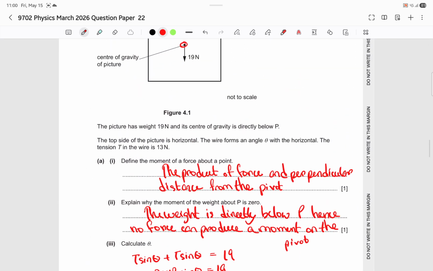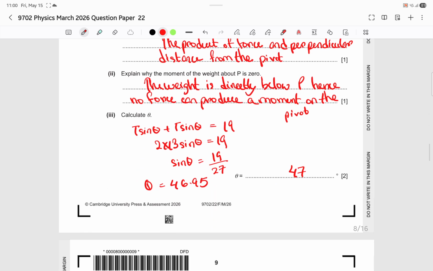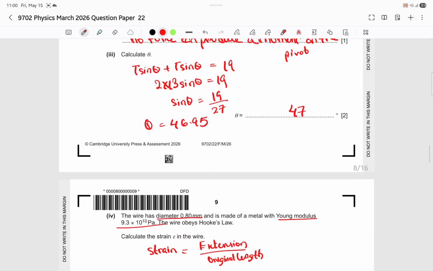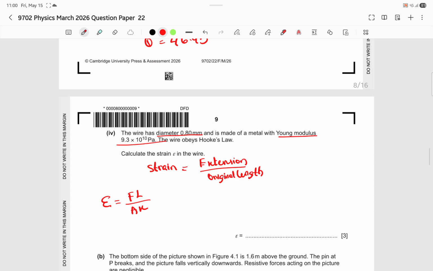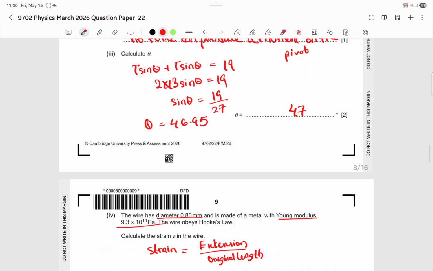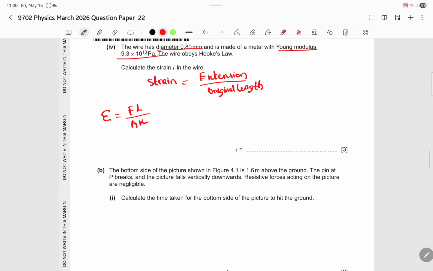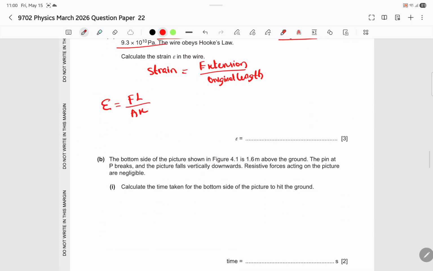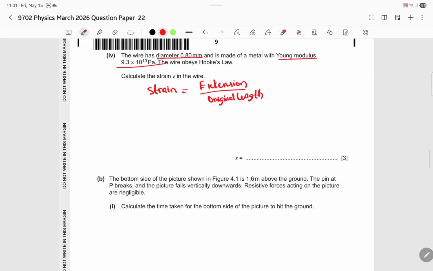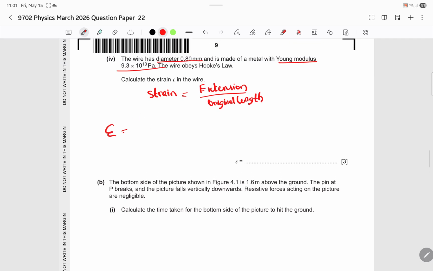Okay, strain. We don't know what the strain is. We do know the force, that means the tension is 13. Oh, okay, there is an easier way to do this. I figured it out. We can just find stress and then substitute in this formula.